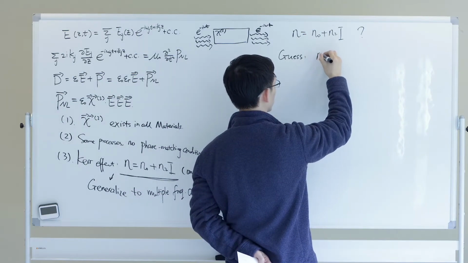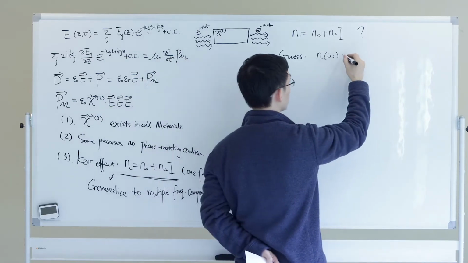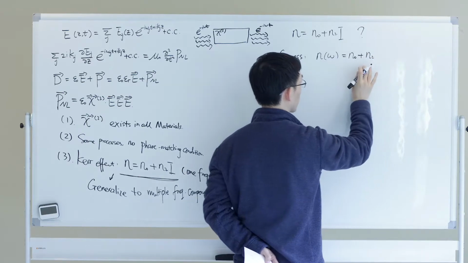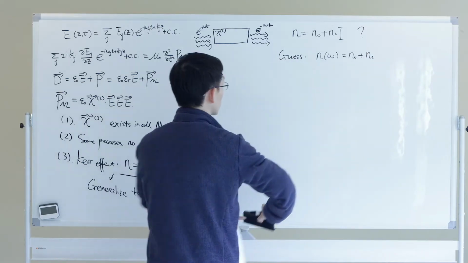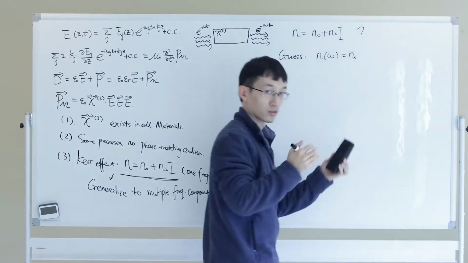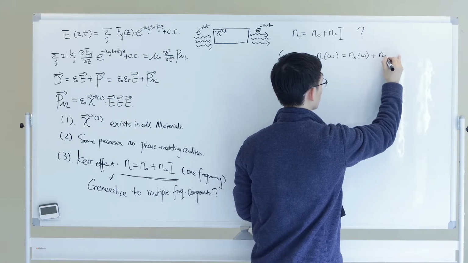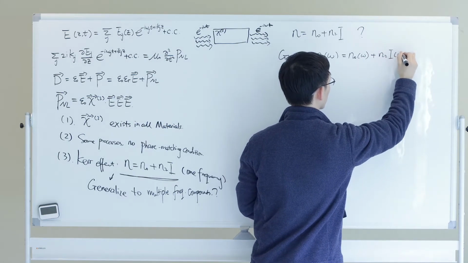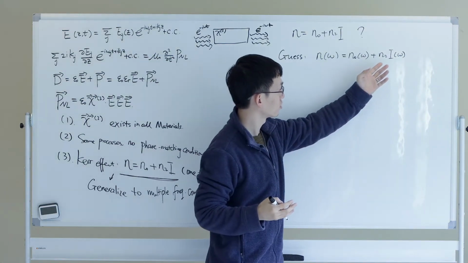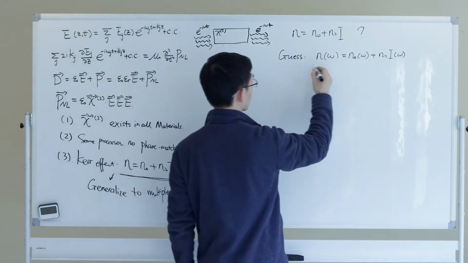So you can say the refraction index at a certain frequency equals n naught plus n2, which is just a constant. You can say n naught is also a function of frequency because there's dispersion, so n naught of omega, plus n2 times I of omega. I of omega means the intensity of the light at frequency omega. So this might be one possible guess.